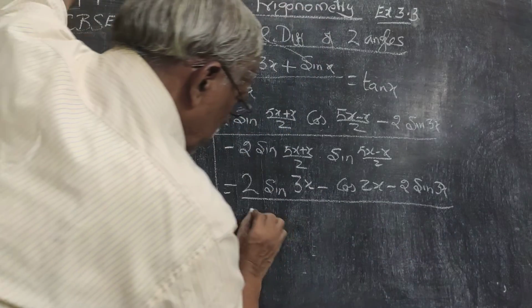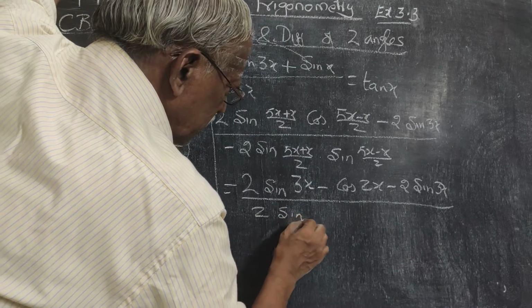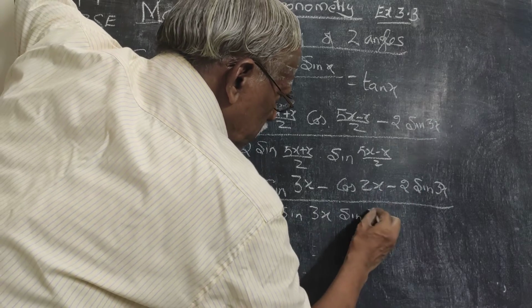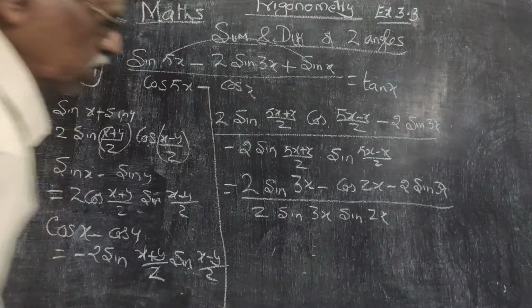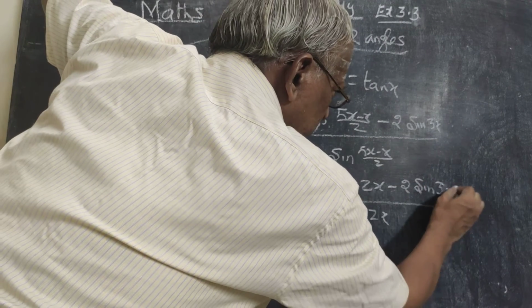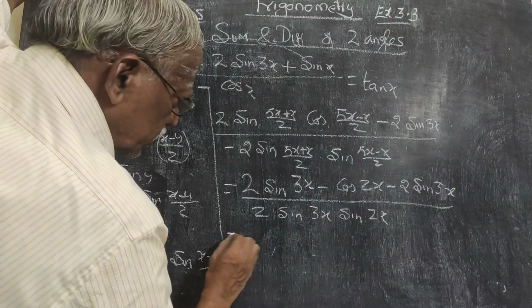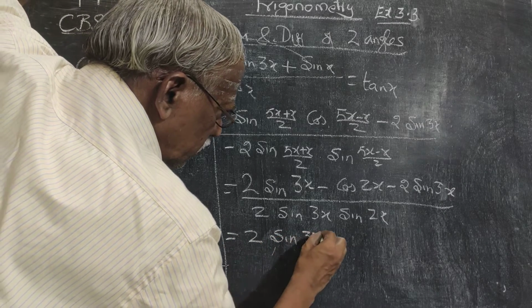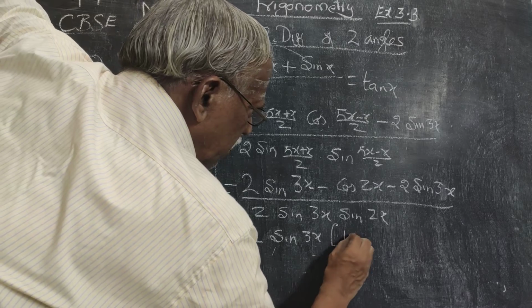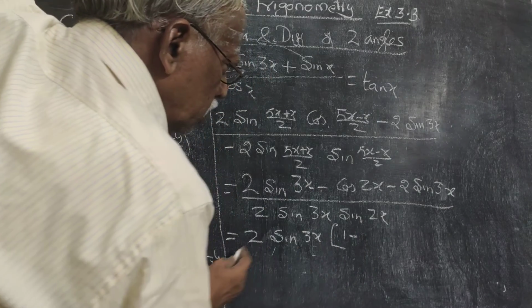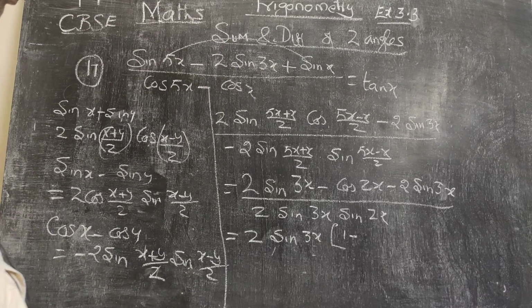The whole thing by 2 times sin 3x into sin of (5x minus x) by 2, so sin 2x. I can take 2 sin 3x as a common factor, so I will be getting 2 sin 3x and minus 2 sin 3x.